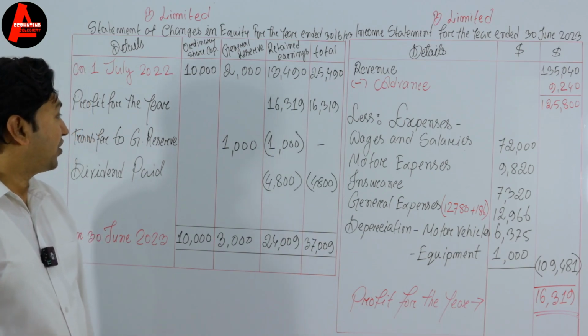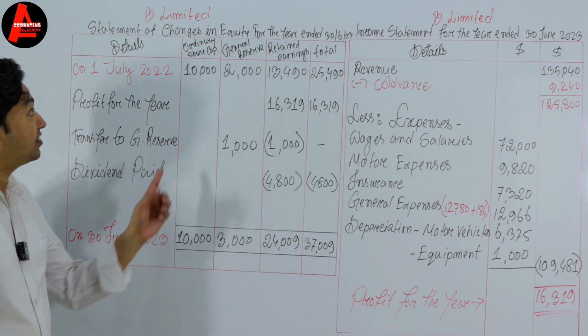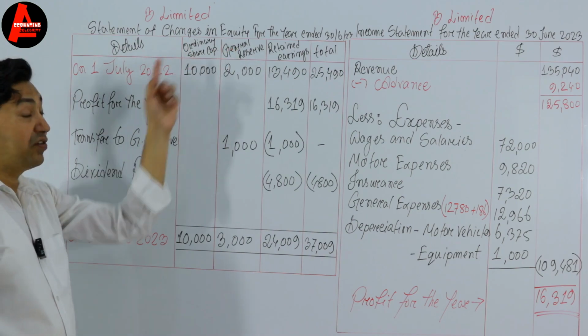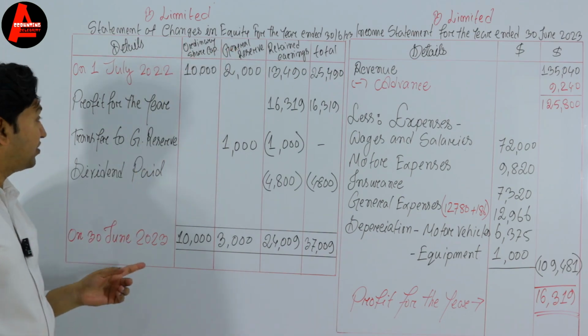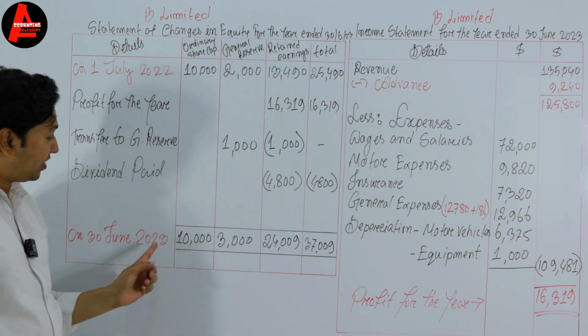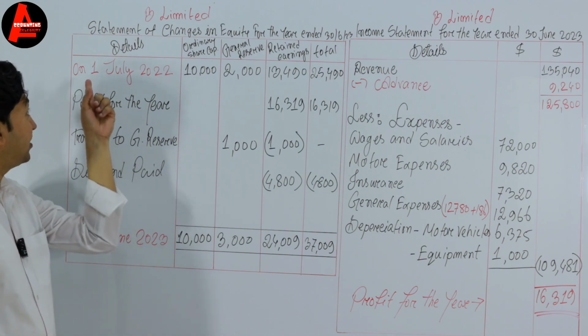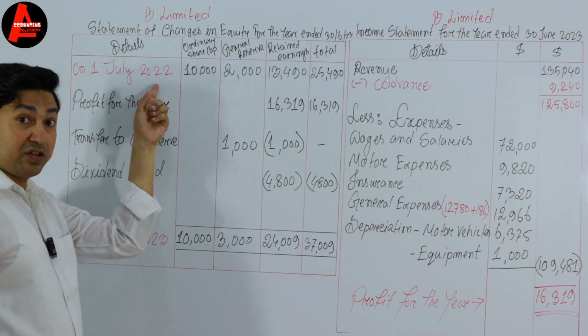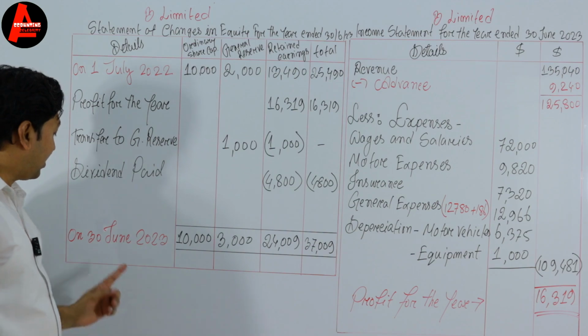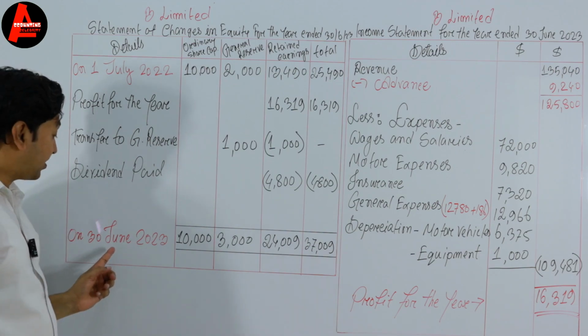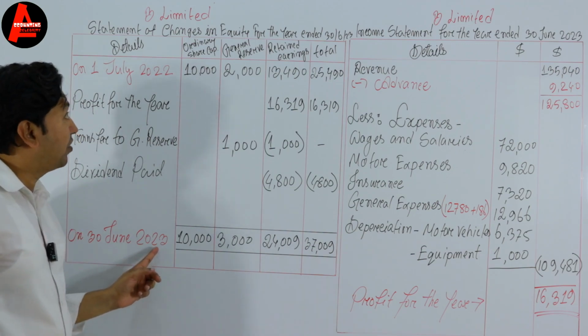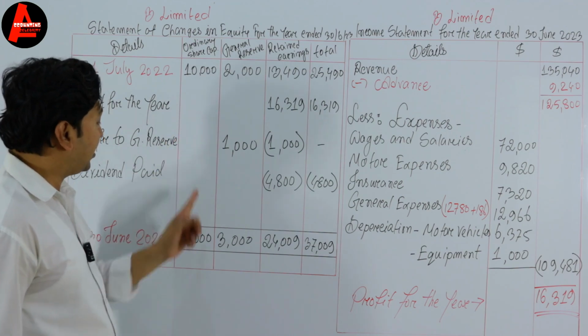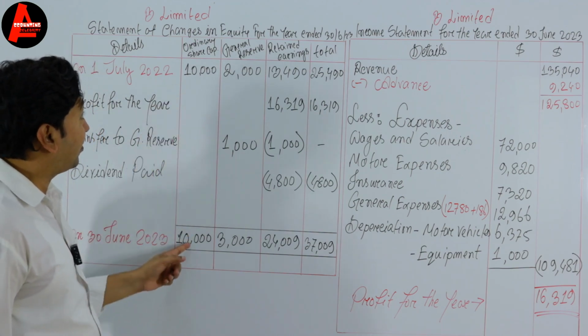So what does this changes in equity mean? Here you see the opening balance and the closing balance. The balances on 1st July 2022, after one year when the financial year ended on 30 June 2023: ordinary share capital is the same, $10,000.